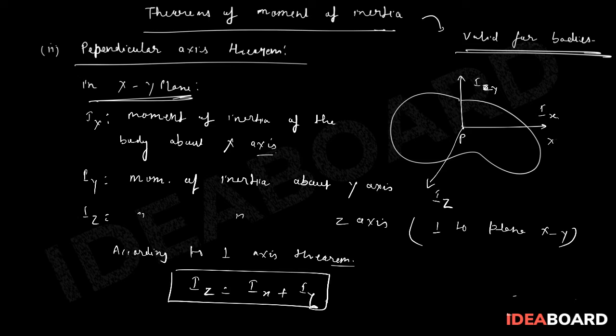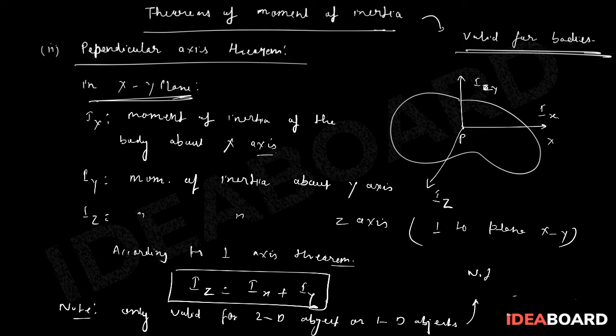Now there is a small note I am adding. This is only applicable, only valid for 2D objects or 1D objects. Not valid for 3D objects like sphere, because spheres have symmetry along any axis.